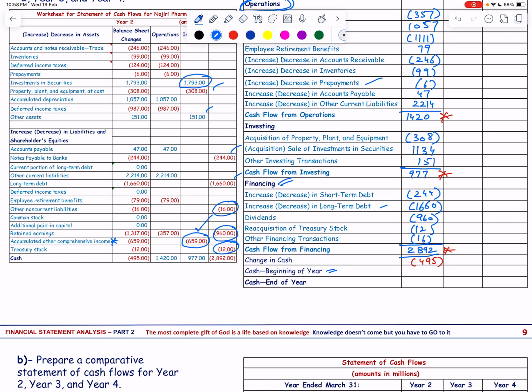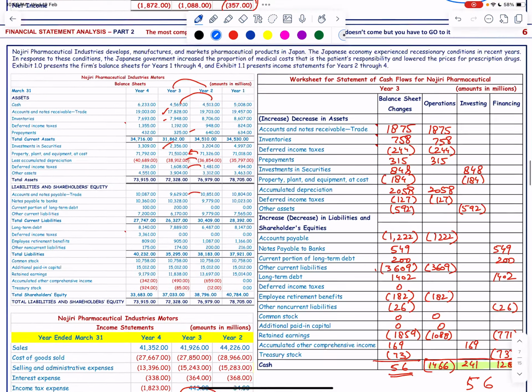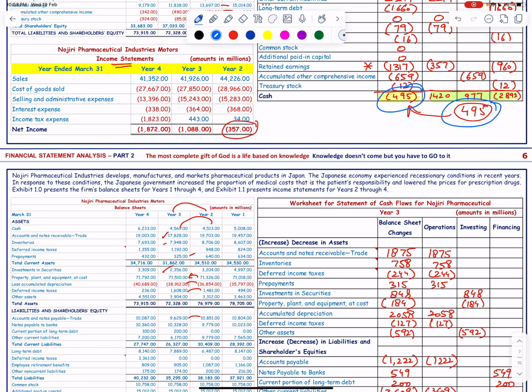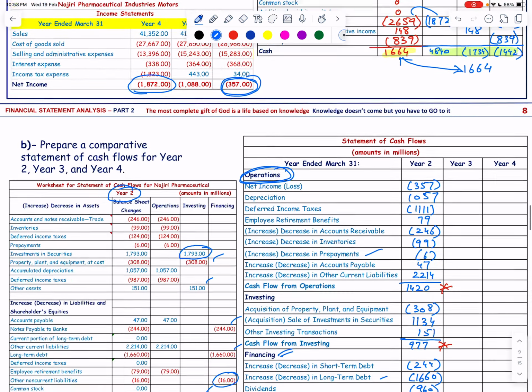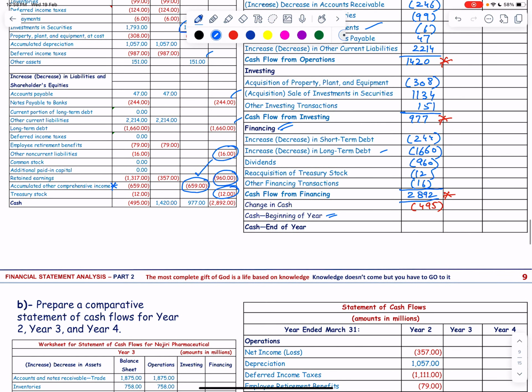Now we are going to add the cash balance at the beginning of the year. Now this is for year number 2, but if you look into the question over here, for the cash year, the ending balance of year number 1 is the beginning balance for year number 2, that is 5008. So we are going to put this over here as 5008.